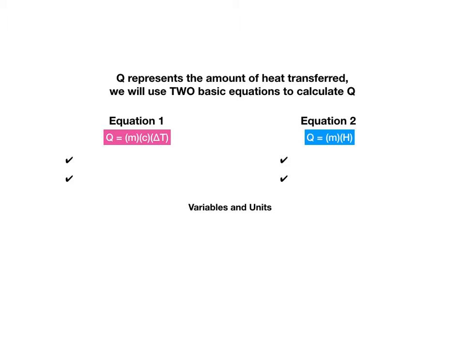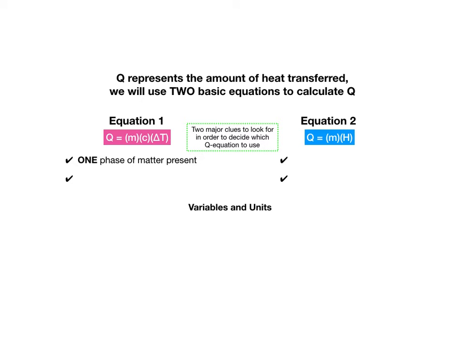Now you will have to carefully look at lab data, practice problems, and test questions to look for major clues to differentiate between when you should use equation 1 versus equation 2. So for equation 1, Q equals mc delta T. One of the first clues to look for is that only one phase of matter is present.